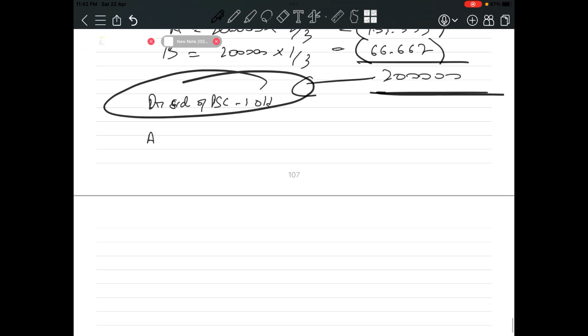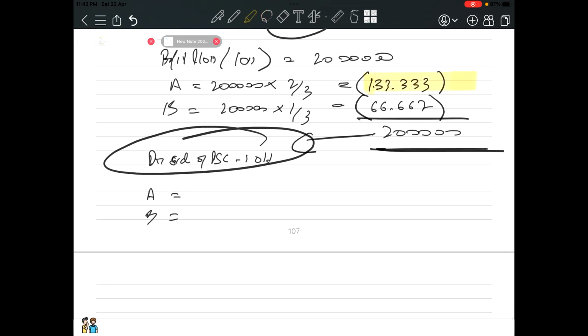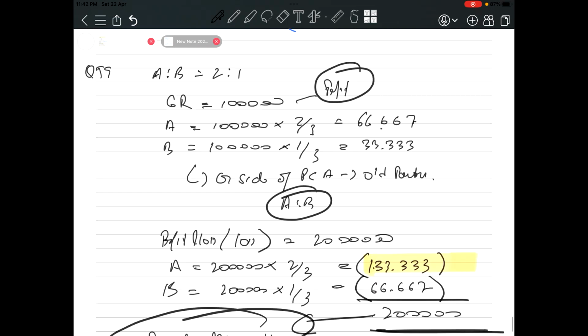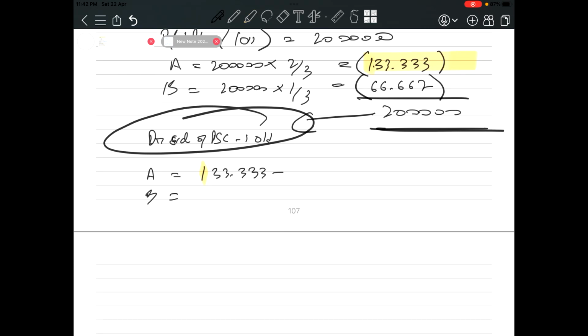How will we find out the net loss? A and B. Okay, there is a loss of 1,33,333 and a profit of 66,667. 66,667 minus 1,33,333. So what is the net loss? 66,666.